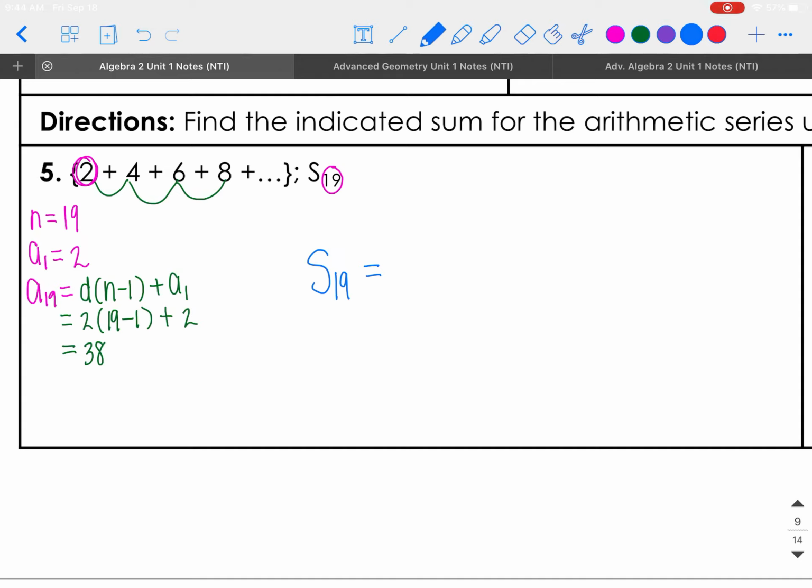So S sub n, and I know n is 19, so I'm going to find the sum of the first 19 terms equals n, which is 19, times A1, which is 2, plus AN, or A19, which is 38, and divided by 2.